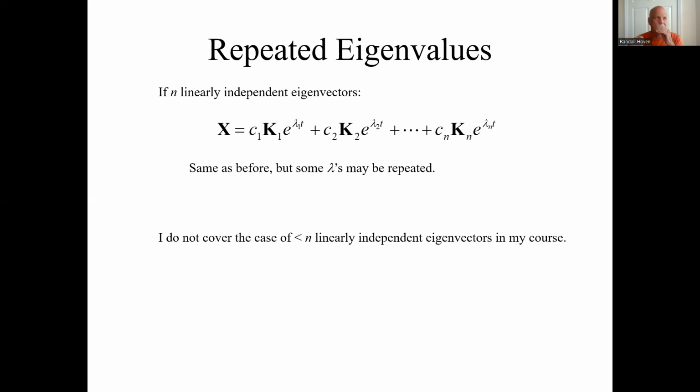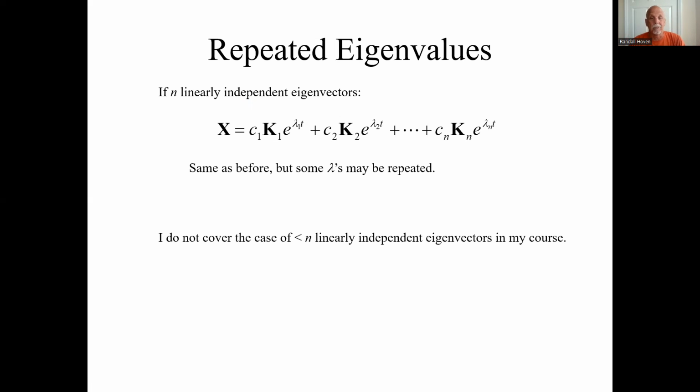Remember, that was one of those little tricks or things that could crop up. Anyway, it's just a little bit more complicated and not worth the time for this course. I'm just showing you some applications of why we're doing the eigenvalue problem in the first place.